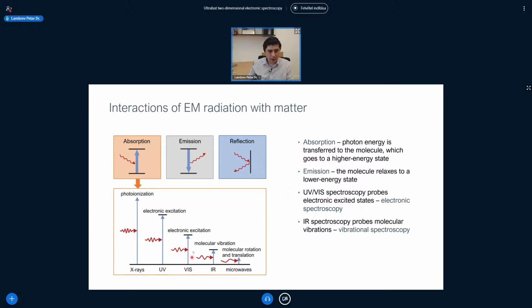That means when higher energy photons of visible or ultraviolet light interact with the molecule, the electrons can jump from one orbital to a higher energy orbital, or we say that the molecule enters a higher electronic state. Of course, if the energy is even higher, like in ionizing radiation, X-rays, the electron can be kicked out altogether from the molecule, then we have photoionization. So we're focusing on basically UV-visible spectroscopy.